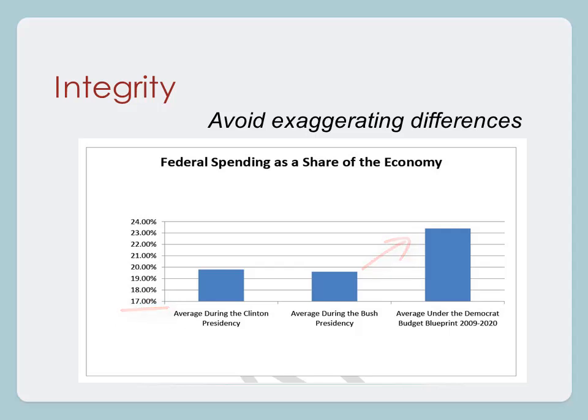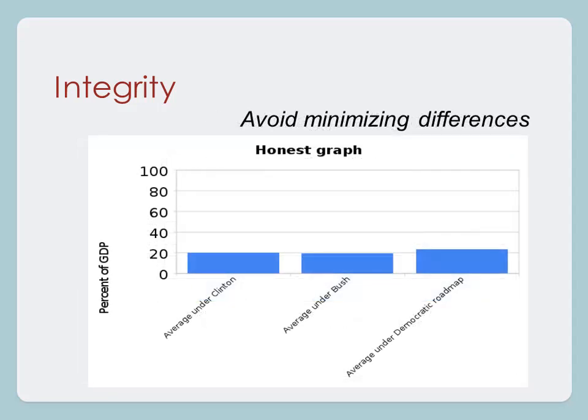So visual differences seem significant when, actually, they're not. To maintain integrity in a visualization, it is essential to avoid exaggerating differences by altering elements such as the origin of a scale. On the other hand, it is also important to avoid minimizing differences. This graph is more truthful in the sense that it starts at 0 and ends at 100%. And so we can see that there are actually no substantial differences between the values.